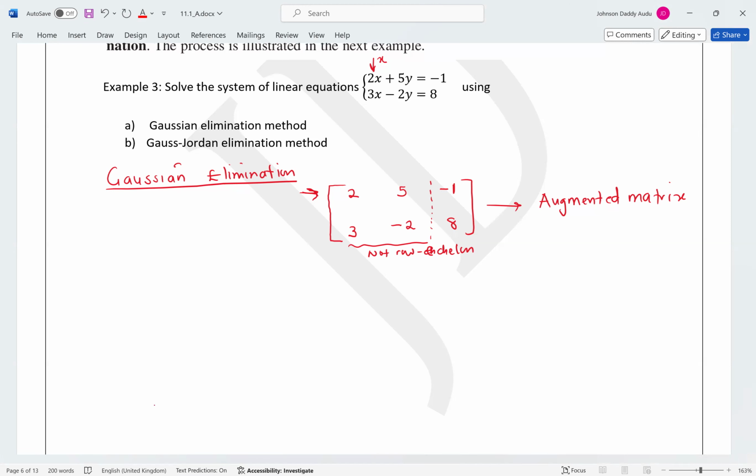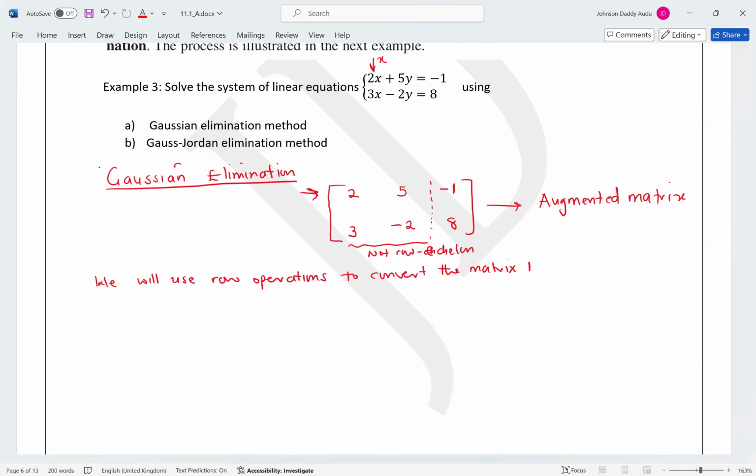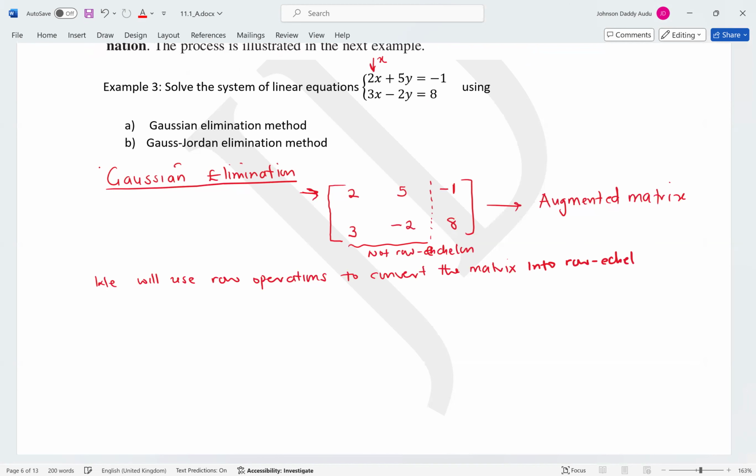We will use row operations to convert the matrix into row echelon form.